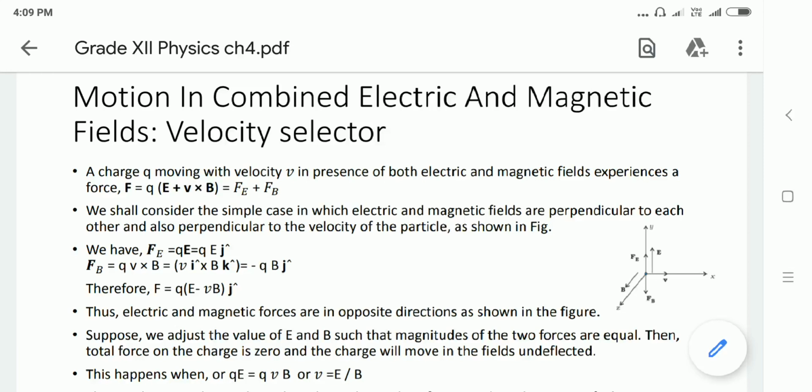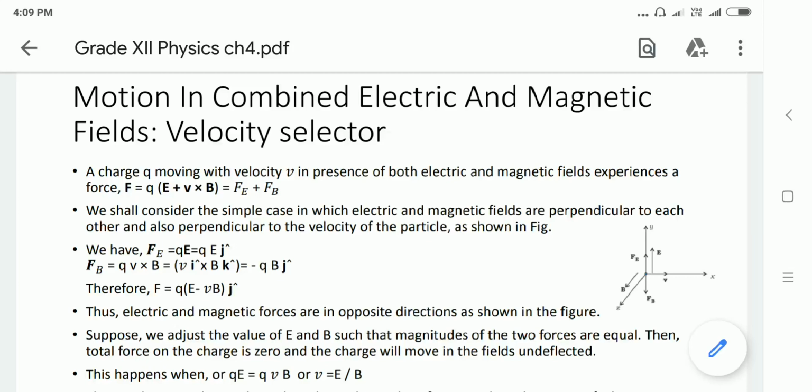Velocity is available towards the x-axis, as we can observe through the diagram, and magnetic field B is present towards the z-axis. So we can define V velocity with the I vector, cross B magnetic field with the K vector, and while we are doing I cross K, we have minus J. If we have K cross I, then it would be plus J, that we already know.